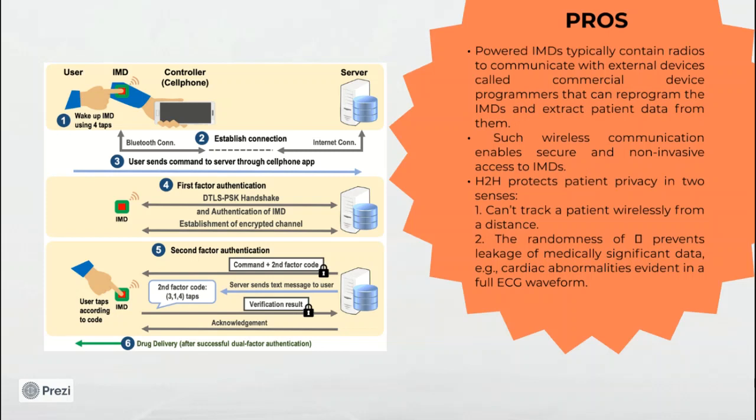H2H protects patient data in two senses. One, it prevents tracking a patient wirelessly from a distance, and two, it prevents the leak of medically significant data, such as cardiac abnormalities evident in the full ECG waveform.